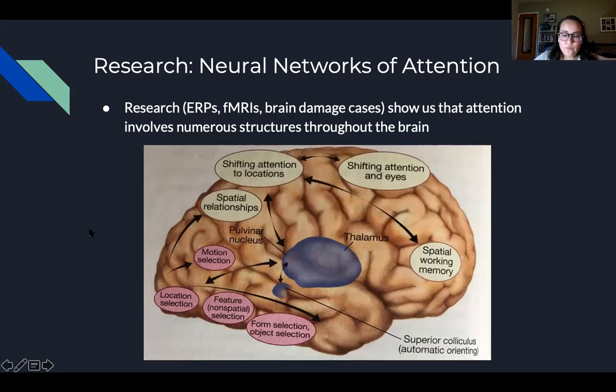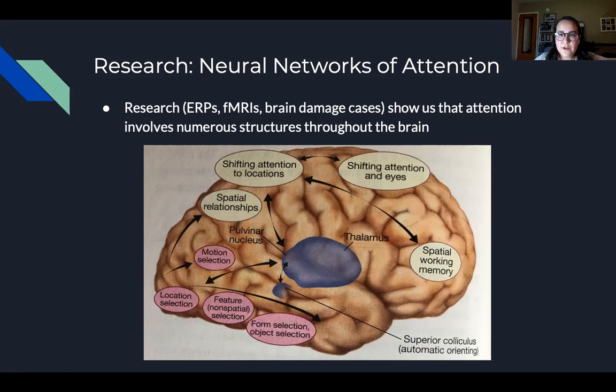And so research with a variety of methods, so these event-related potentials we just talked about, fMRIs, which if you'll remember, is a way to track brain activity based on the uptake of oxygen in the brain, and also some brain damage cases that we'll talk about in a little bit.